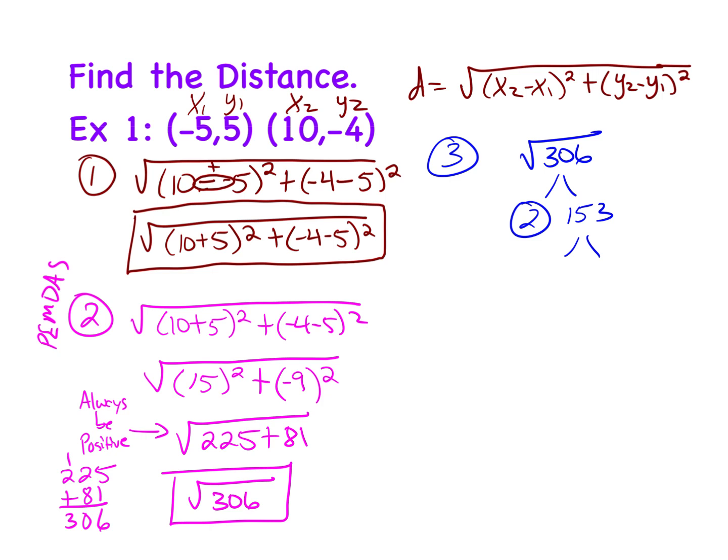Paula, what is a prime that is going into 153? So remember, if you add them together, the 1 plus 5 is 6, plus 3 is 9. Will 3 go into 9? Yes. So that means that it'll go into 153. And that gives you 51.